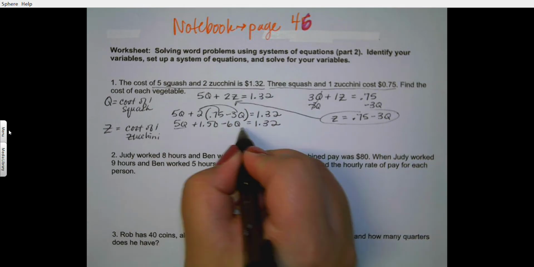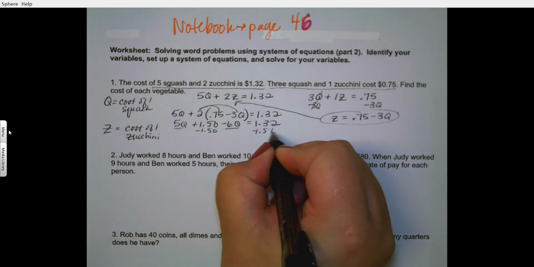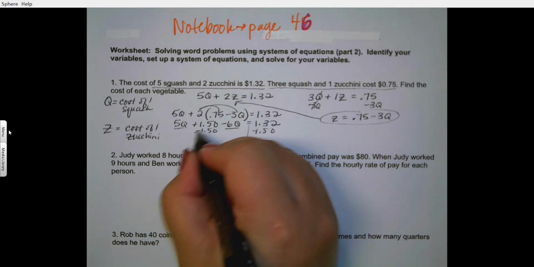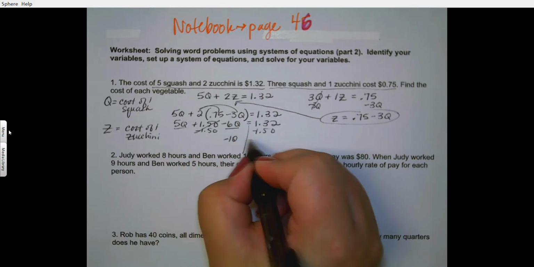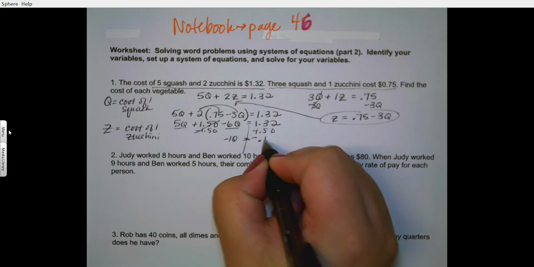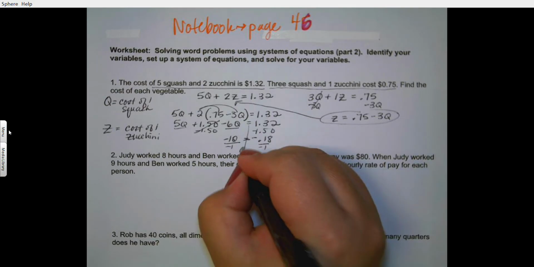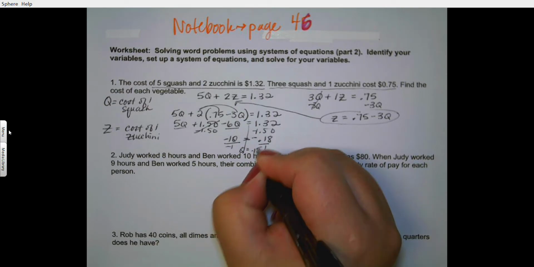Putting my Q's together and subtracting $1.50 from both sides. Line your decimal up, use a calculator. I have negative 1Q is equal to negative 0.18. Divide by negative 1, and Q is equal to 18 cents.